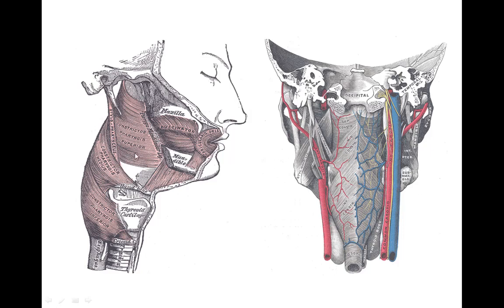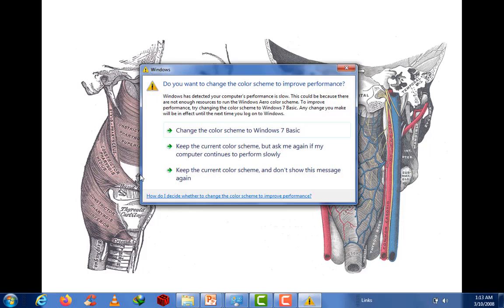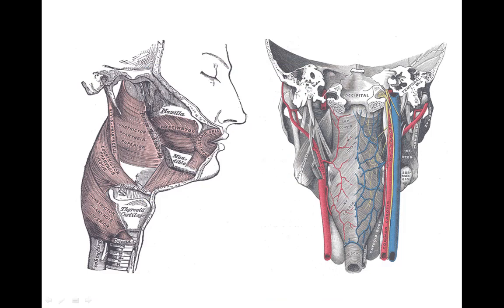And also we have a nerve passing here between these 2 muscles, which is the glossopharyngeal nerve, and the stylohyoid ligament also. Other structures pass between the middle constrictor and inferior constrictor. Here we have the internal laryngeal nerve and superior laryngeal artery and vein. So this is about the constrictor muscles.